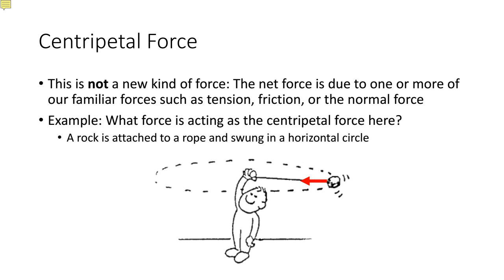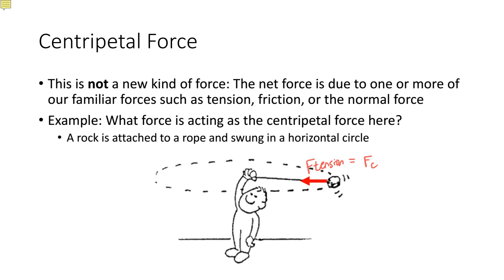You can see that there is a force acting on the rock, and that force is acting towards the center of the circle. So that is an example of centripetal force. In this case, the centripetal force acting on the rock is the force tension. So the force tension is your centripetal force.